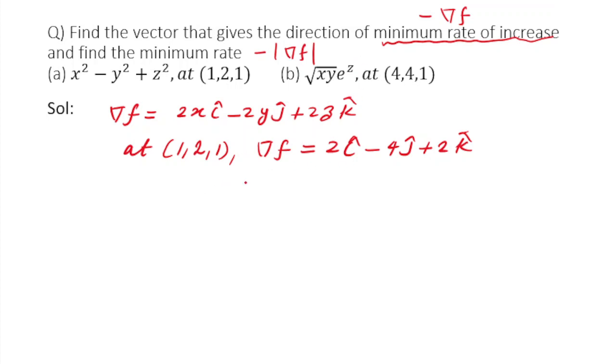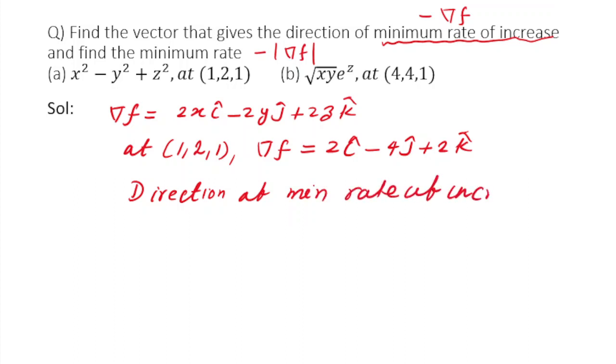So the first question is, what is the direction? Direction of minimum rate of increase is equal to minus of (2i cap minus 4j cap plus 2k cap). This is the direction.